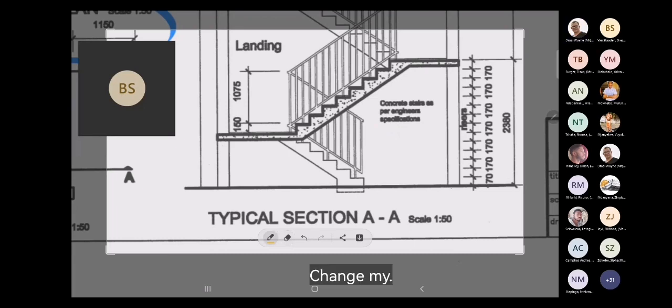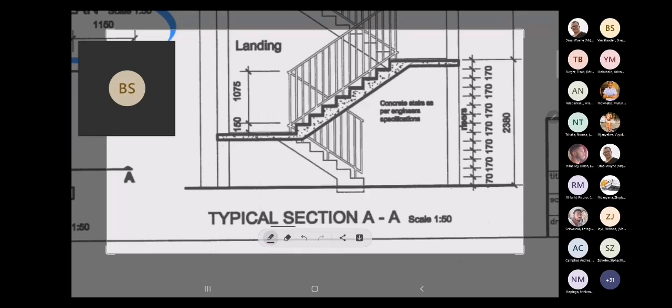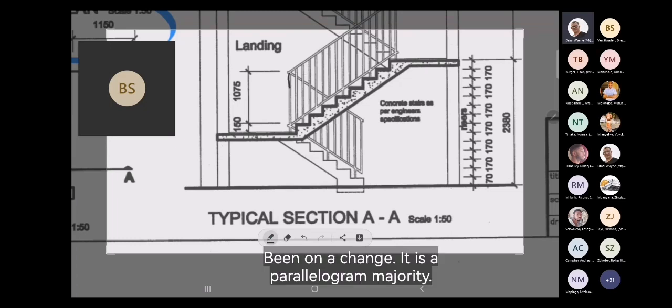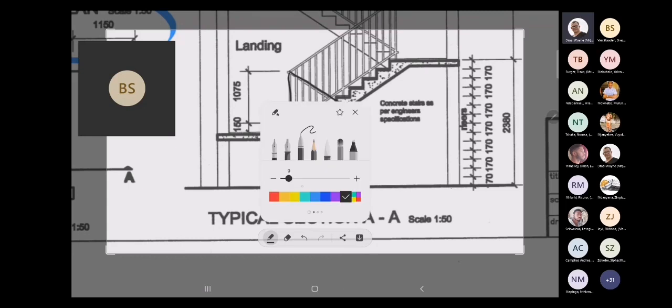Then I'll change it. Is my parallelogram measured there? Would that be the length?